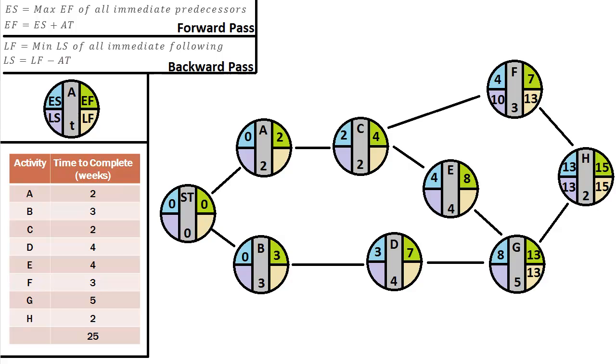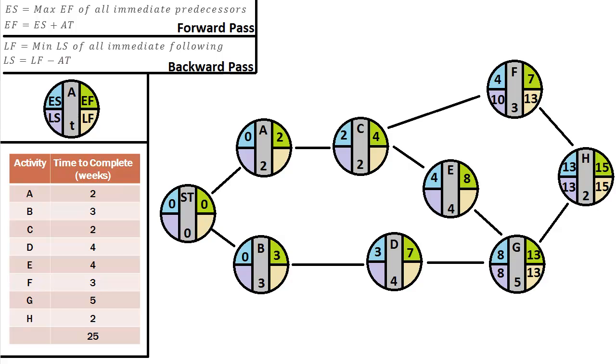Again, that just came from the purple section in H, the latest start. So let's figure out our latest start for G, and that's just 13 minus 5, which is 8. Okay, there we go.